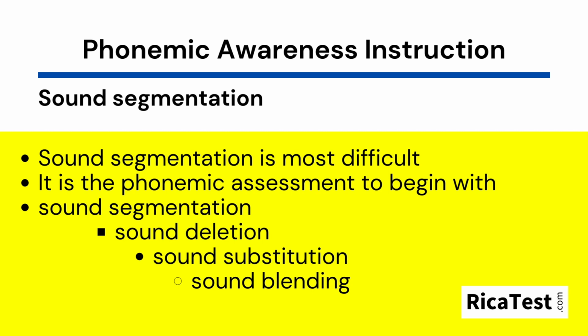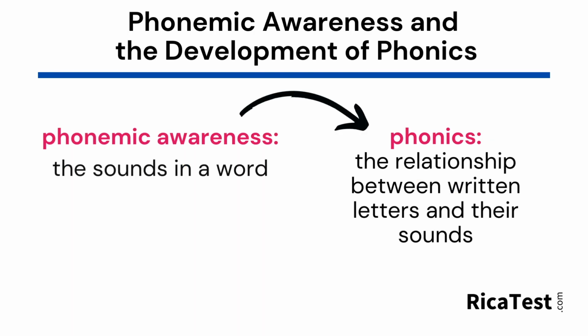However, if a student struggles with sound segmentation, the teacher should go back to another activity. For example, sound deletion or sound substitution or sound blending. Children must demonstrate an understanding of phonemic awareness, which are the sounds in a word, before they can be expected to demonstrate an understanding of phonics, which is the relationship between written letters and their sounds.